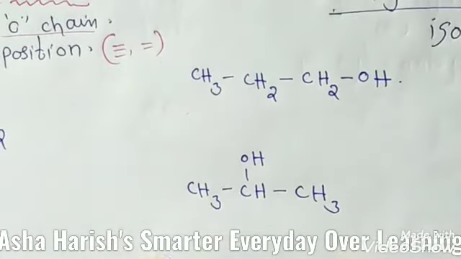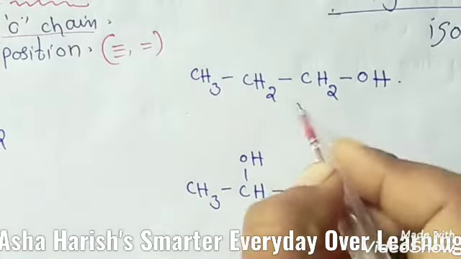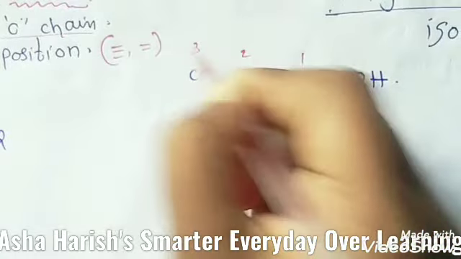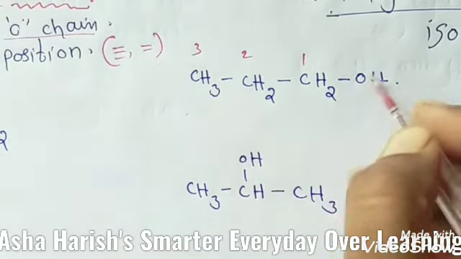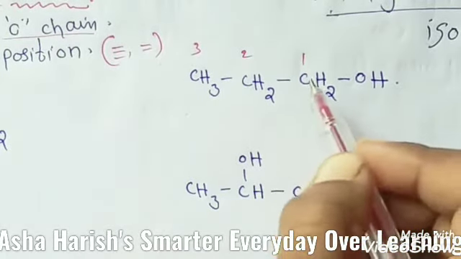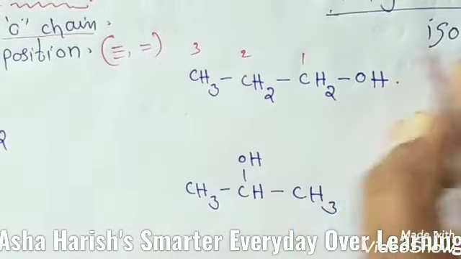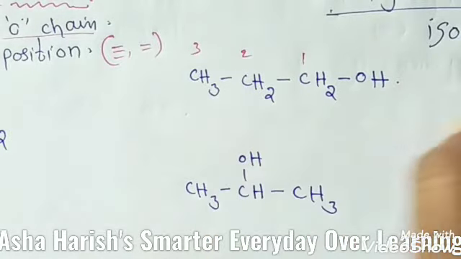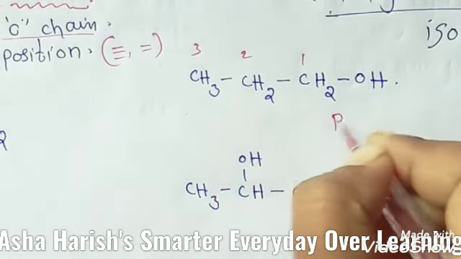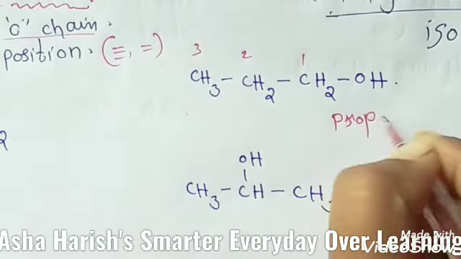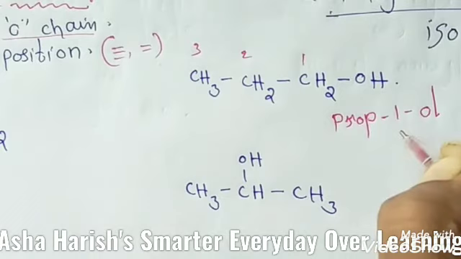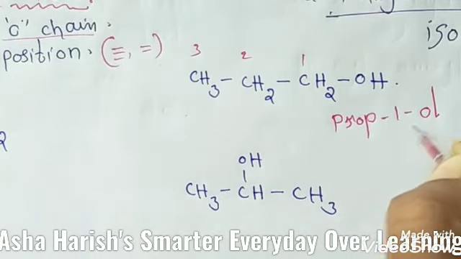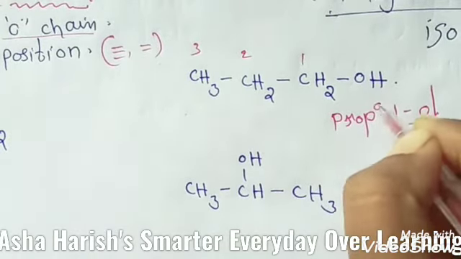Like that only, if you see one more example, similarly this is 1, 2, 3, here is the alcoholic group. You have to give first priority to this alcoholic group while giving numbering. So 3 carbons means the root word is prop. At this first carbon the alcoholic group is located, so the name is propan-1-ol.